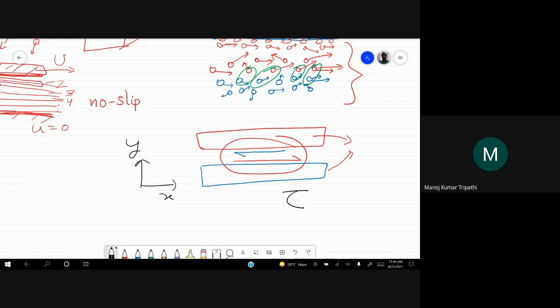You can write in the chat window. Tau yx. Yeah, that's correct.